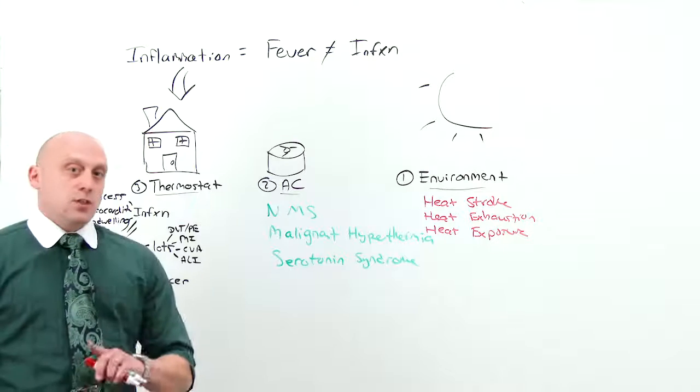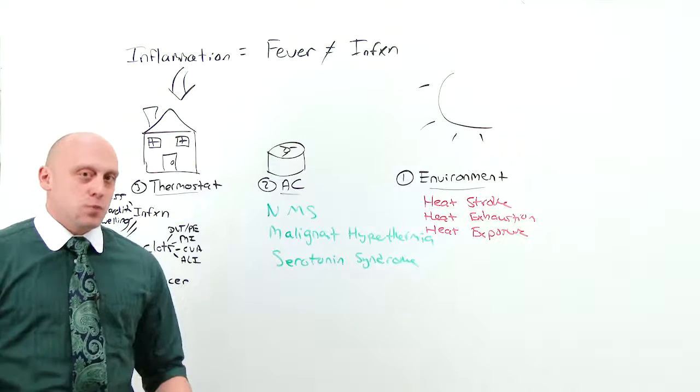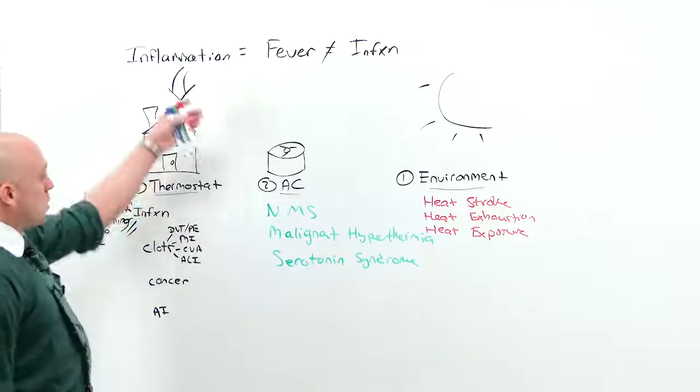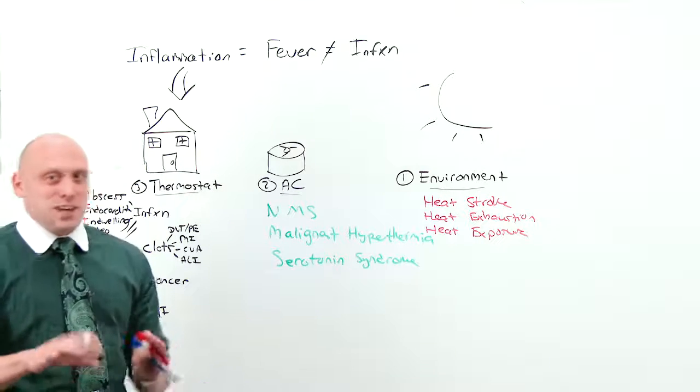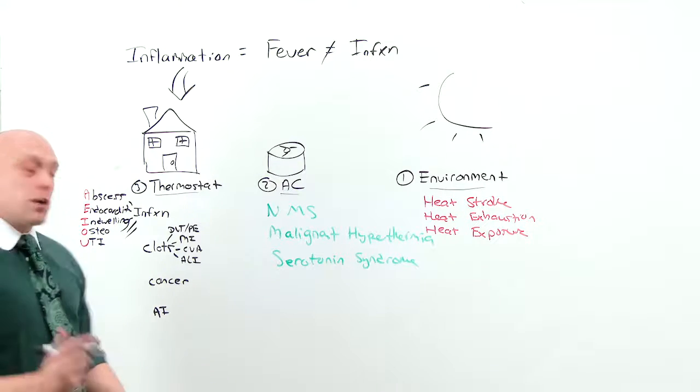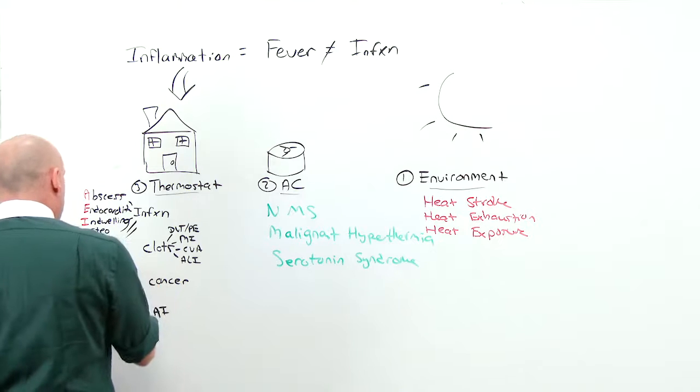The cancers that cause fever are generally not going to be the solid organ ones. Since it's the white blood cells that cause inflammation, I think of them as how I keep them together. The cancers that are going to cause fever are going to be leukemia and lymphoma.